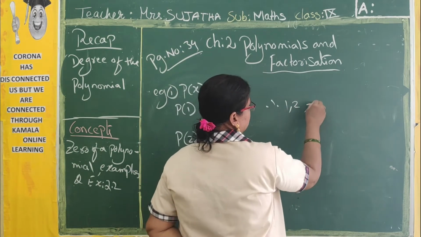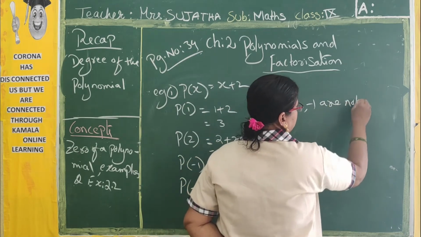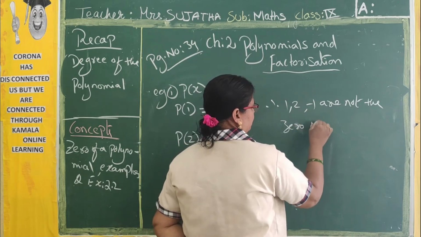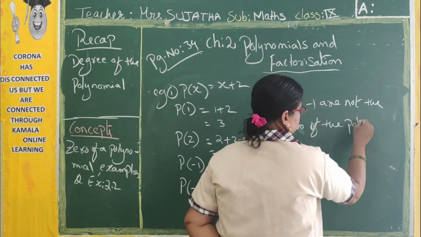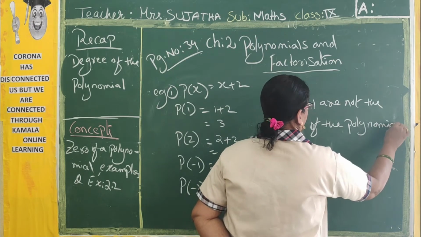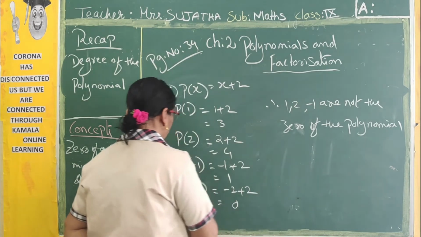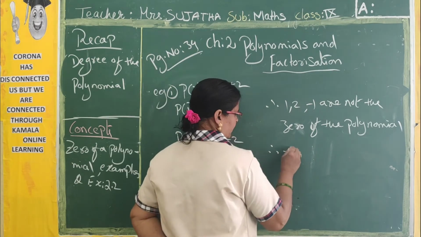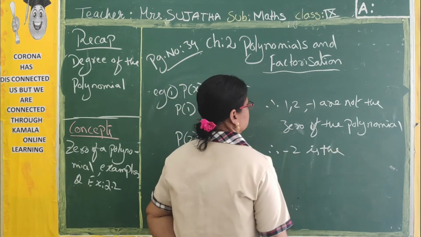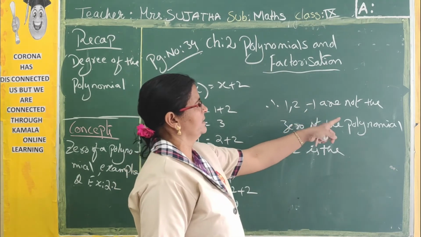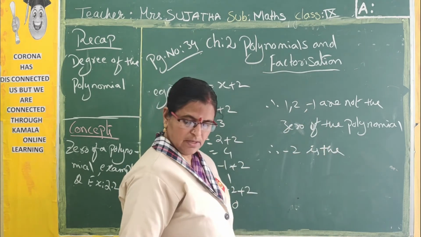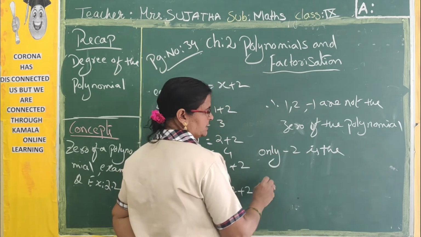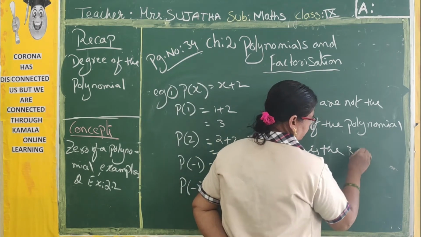Therefore 1, 2, minus 1 are not the zeros of the polynomial. Only minus 2 is the zero of the polynomial.